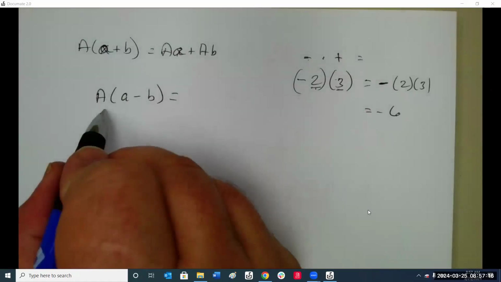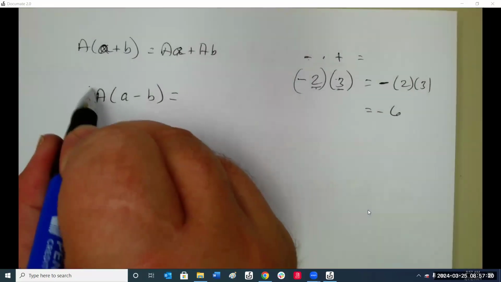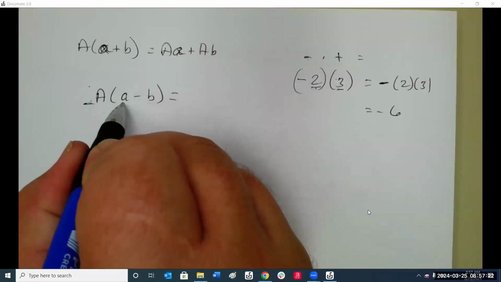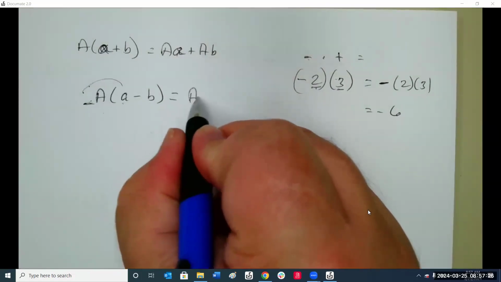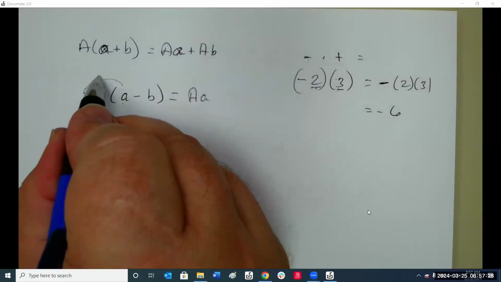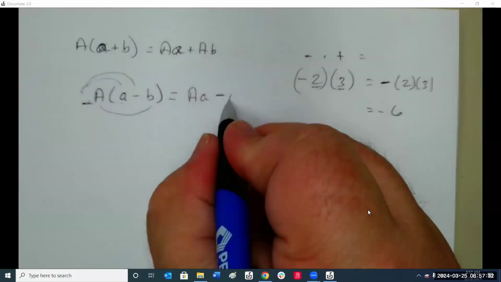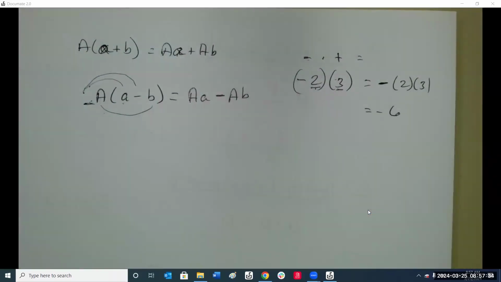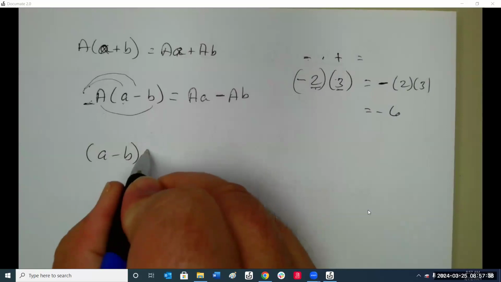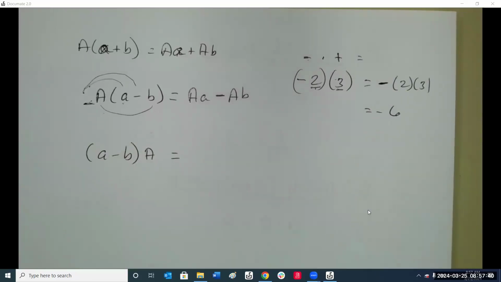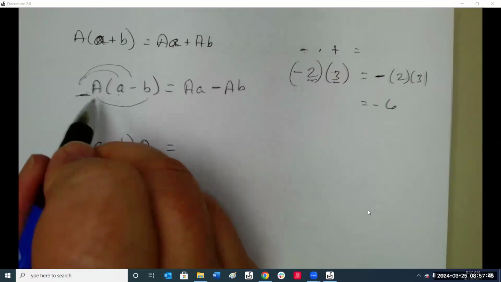The same thing here. This number here is positive, this one here is positive. So positive times positive is positive. Positive times negative is negative, so just AB. So it doesn't matter where the coefficient is.